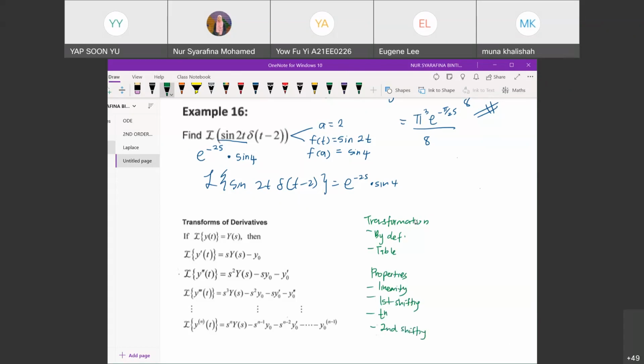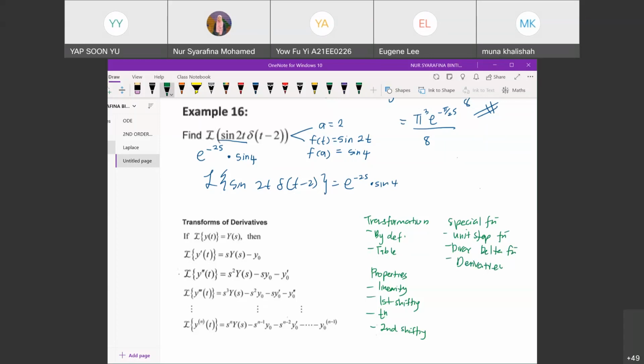Then we have special types of function: the unit step function, the Dirac delta function, and now the derivative of the delta function. After we have done all this, only then can we proceed with inverse Laplace.